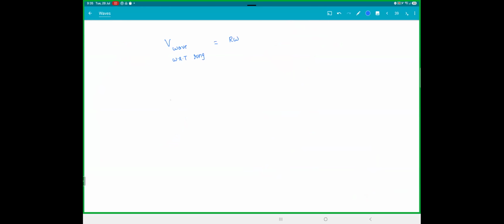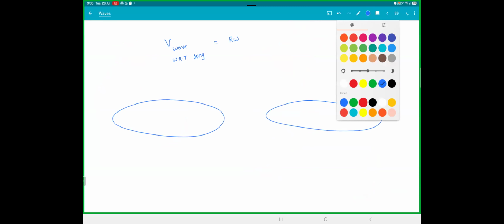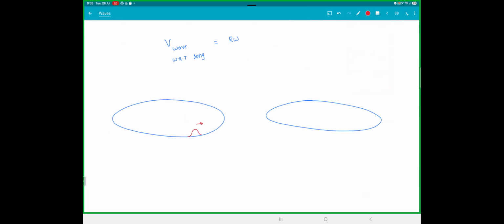Now there are two possibilities. If the wave is traveling this way, r omega, and your ring is also traveling r omega, the speed will add up. That will be 2r omega. But if the bump is traveling backward with r omega, and the ring itself is going this way r omega, the wave speed will be zero, meaning for a person, it will think the bump is there only.